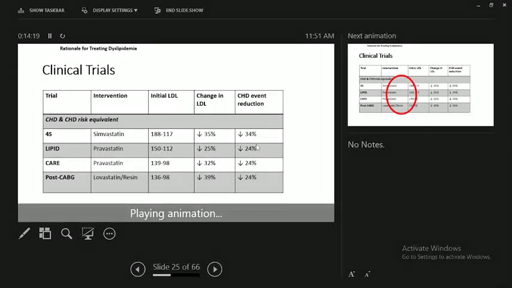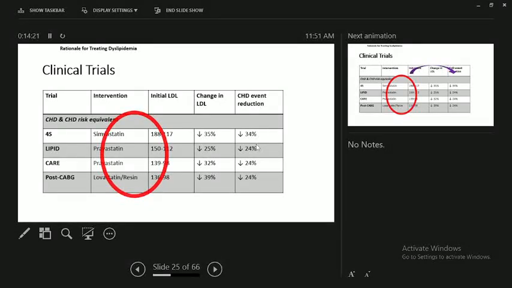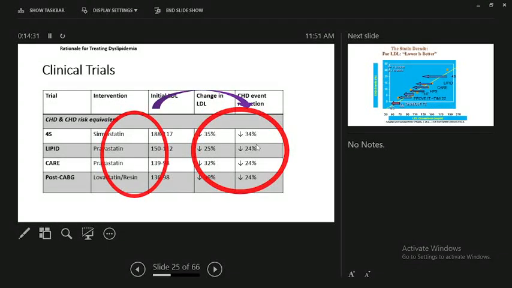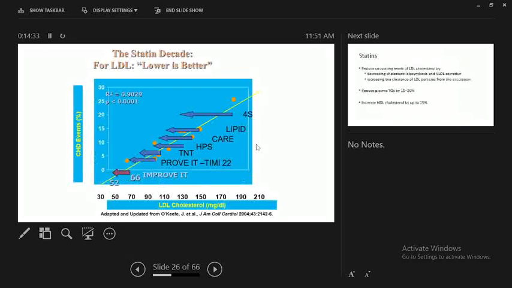There are some clinical trials as well. You can see some major trials done using statins again reduce coronary heart disease events by a significant percentage.